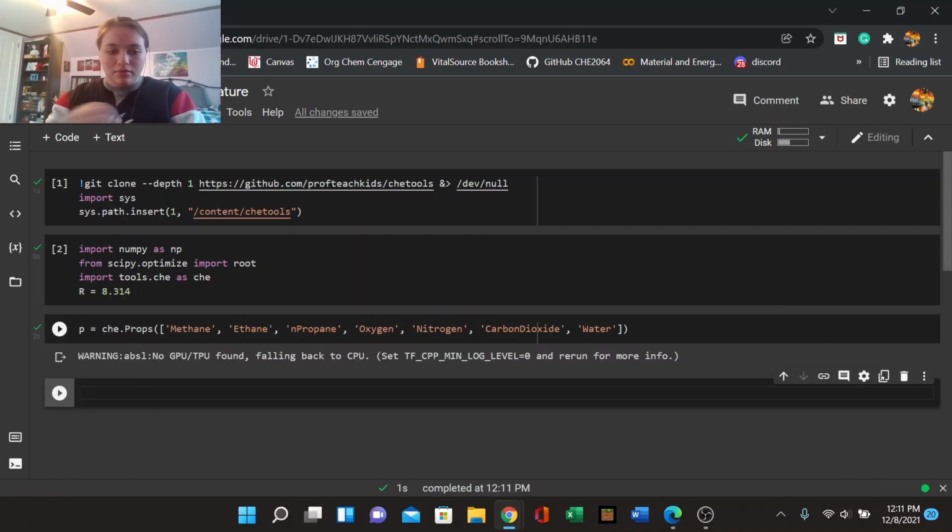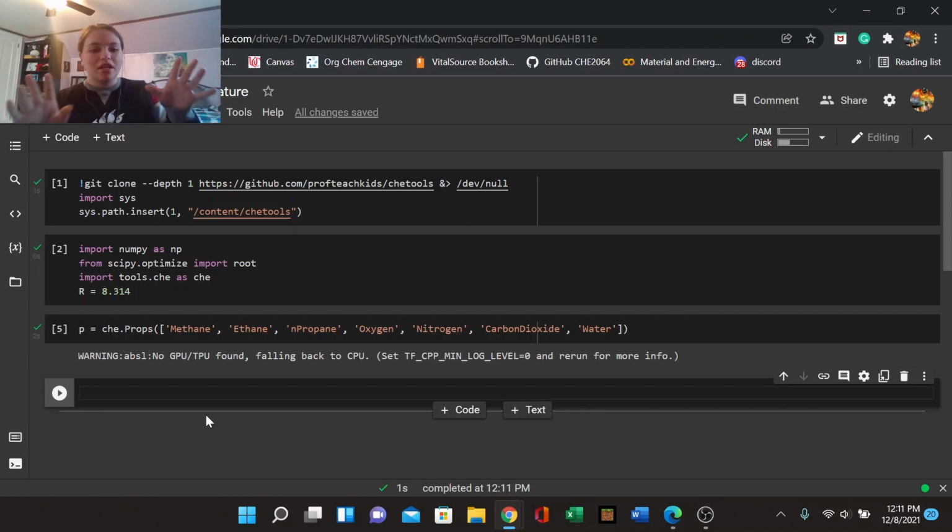Boom, boom, pow. Yep, okay. And so what we're going to do first, after that, is insert our integrated equation that we determined.